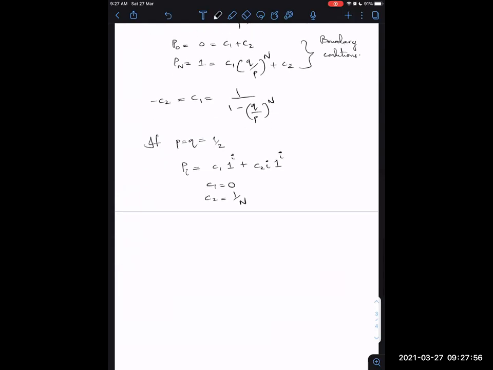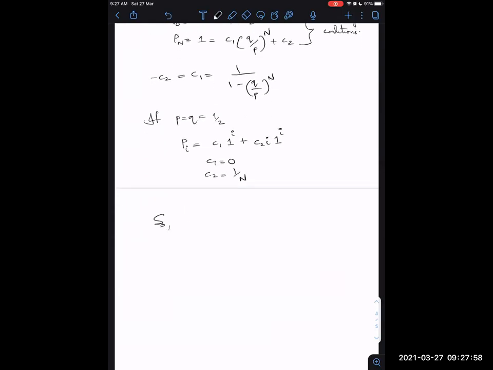Okay. So now what is PI? We have figured out PI in both the cases. This is exactly this if P is not equal to Q, and this is just I over N if P is equal to Q. All right, so how did we get this?